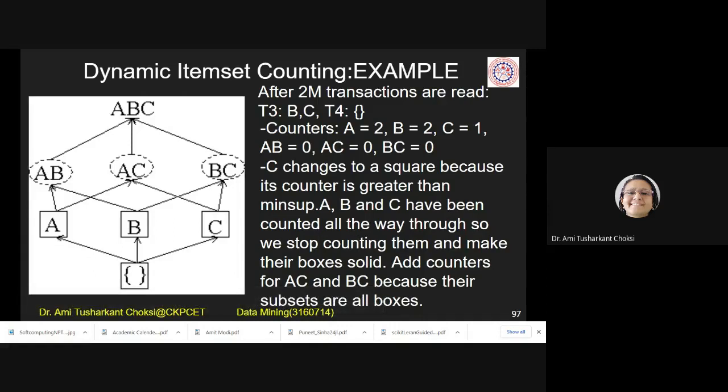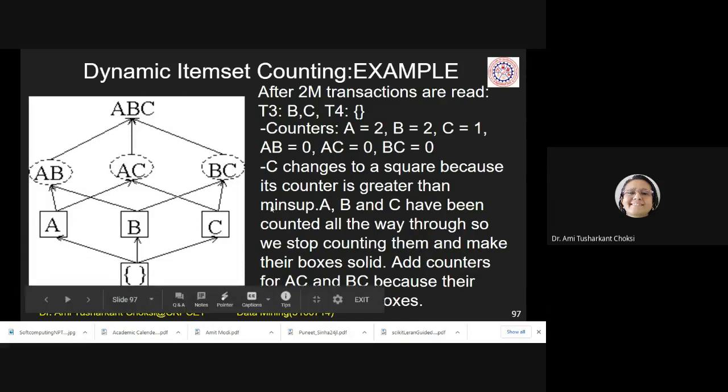So we stop counting them and make their boxes solid. If they are counted, should we make their boxes solid? No. We have to make their boxes solid only if their counter is greater than or equal to the minimum support, right?